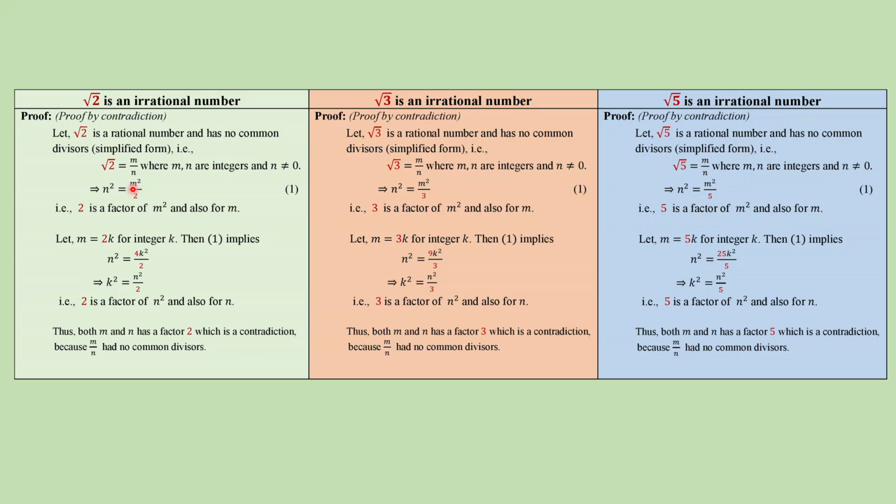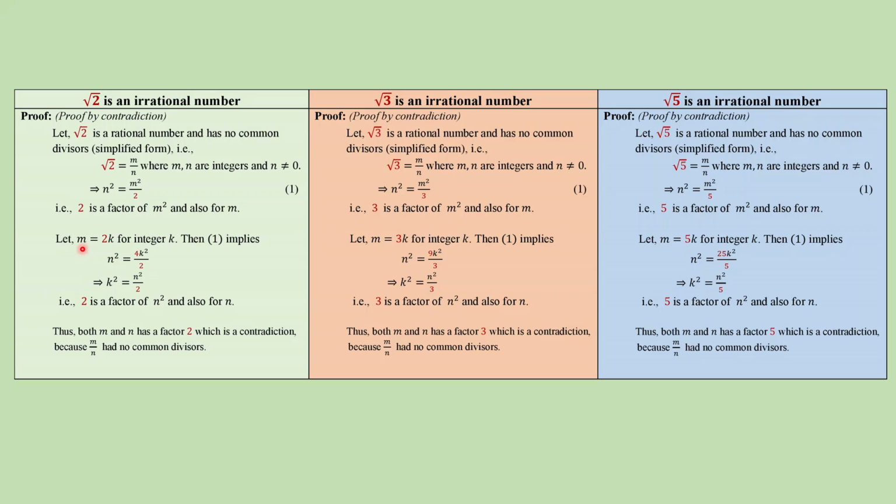You can divide 16 by 2, that means 2 is a factor of 16. Then if you take the square root of 16, that would be 4. So 2 is also a factor of 4. That means you can divide 4 by 2. Okay. Now since you can divide m by 2, you can assume m divided by 2 is an integer.